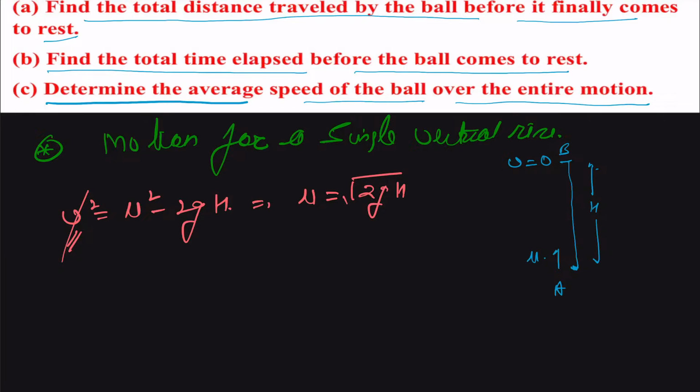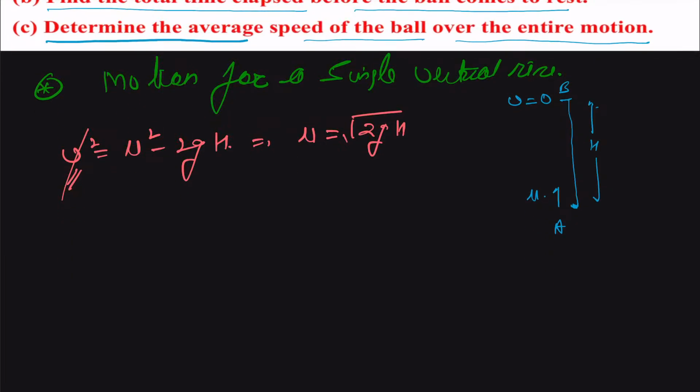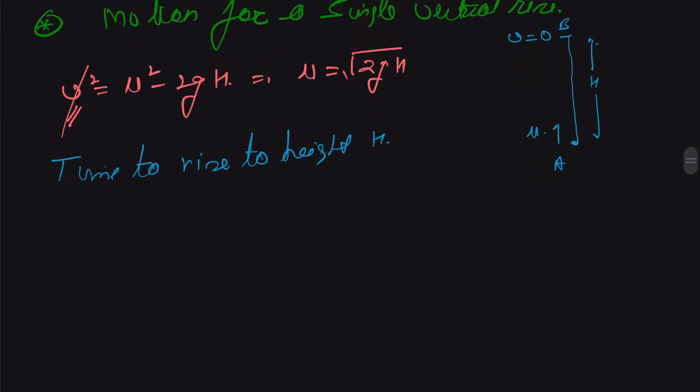And we can find out the time of rise from A to B. So the time to rise to height capital H. We are going to use V is equal to U minus GT, and once again the final velocity at B is 0.